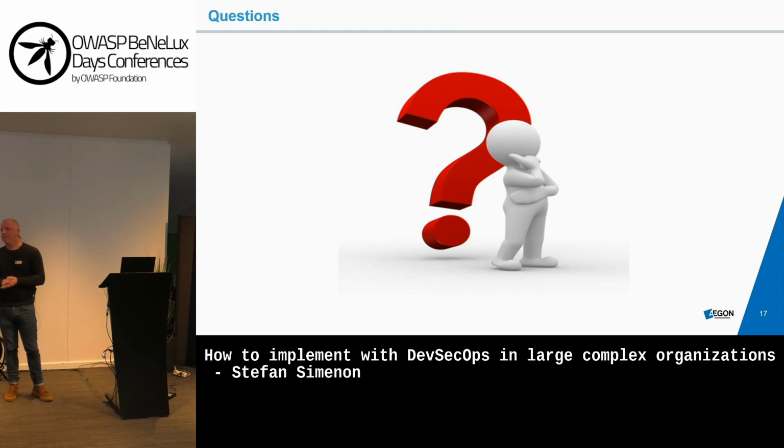Question there? Okay. Can you say a few words about security testing orchestration or defect management? So can you repeat the question? The question is, can you elaborate upon defect management and security orchestration?